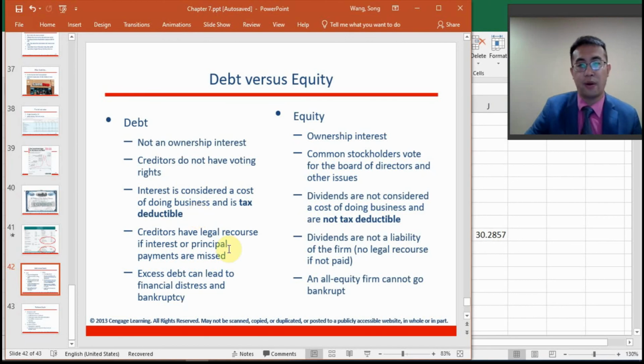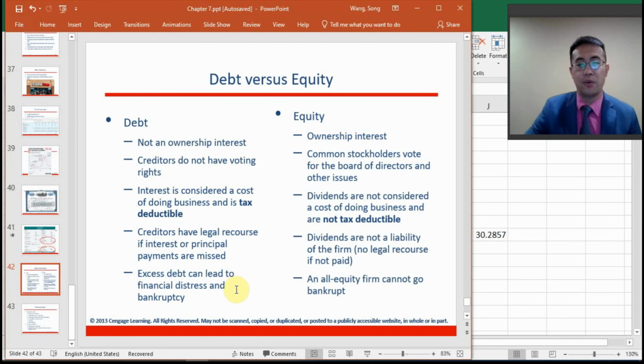In terms of priority of a cash claim, the creditors of a debt would have a higher priority for the interest payment, and interest payments and principal payments cannot be missed unless the firm goes bankrupt. But for stockholders, the dividends are not a liability of the firm, and if there's no dividend paid, there's no legal action you can take.